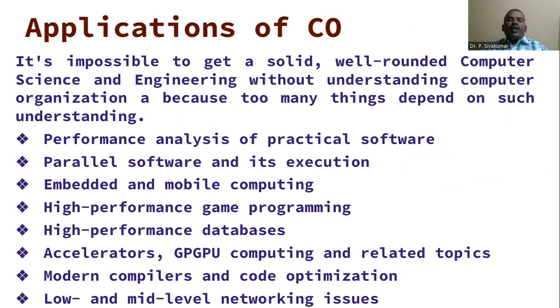It is used in embedded systems and mobile computing. It is also used to measure the performance of game programming and high performance databases. One can understand accelerators, GPU computing, and related topics.